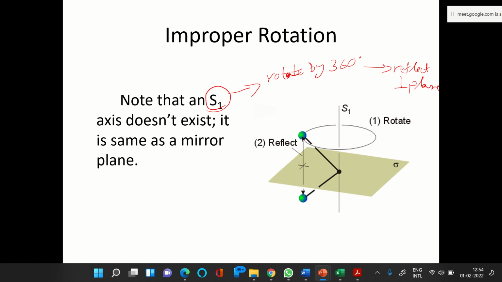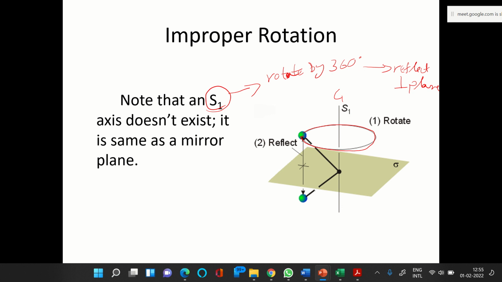So you perform rotation. So 360 rotation: if the point is here, 360 rotation means it comes back onto itself, and then you reflect through the mirror plane which is perpendicular to this axis. So this is the axis C1, and then reflecting.